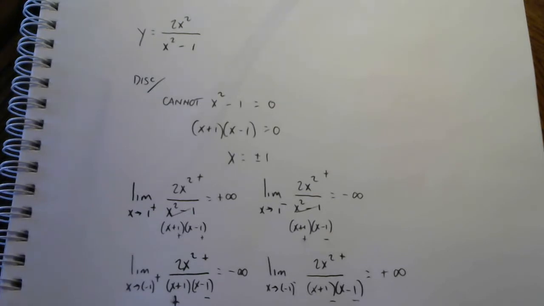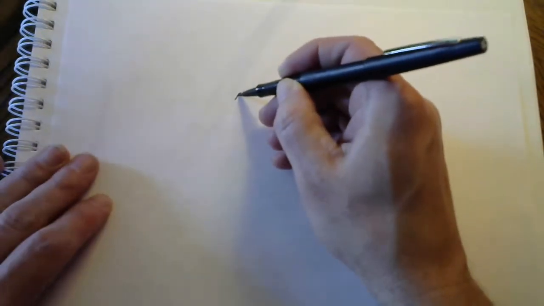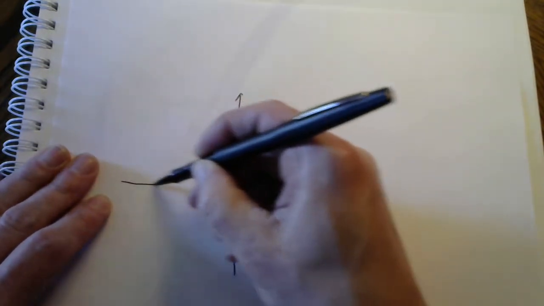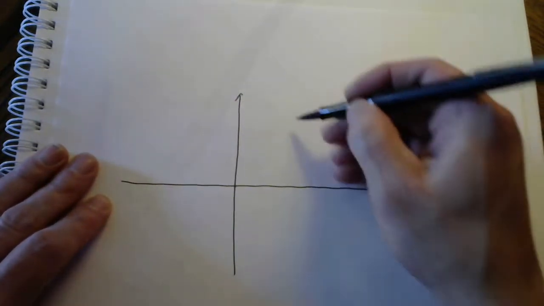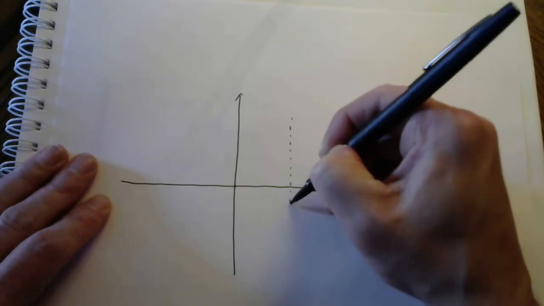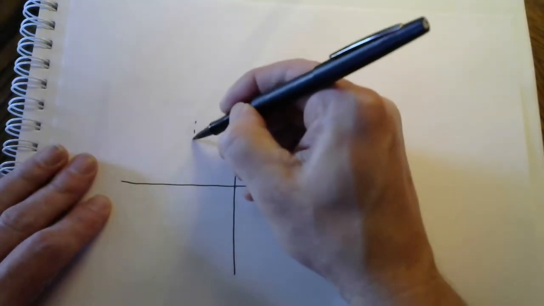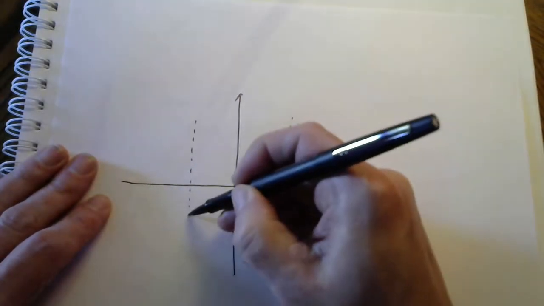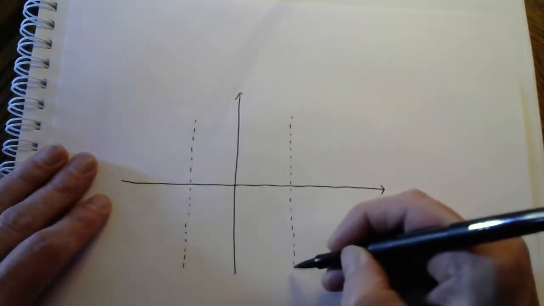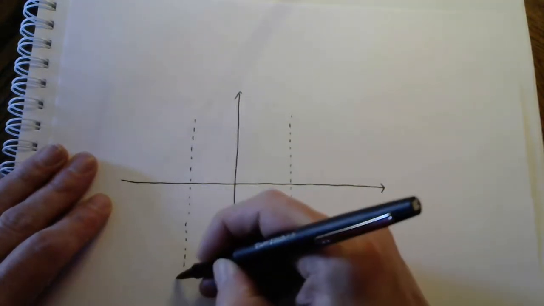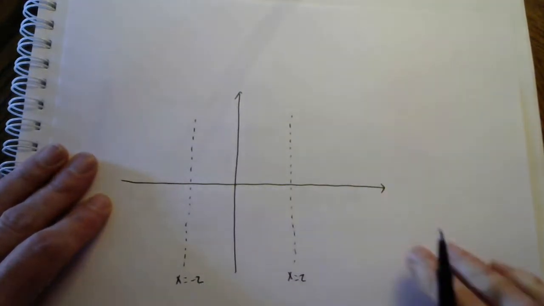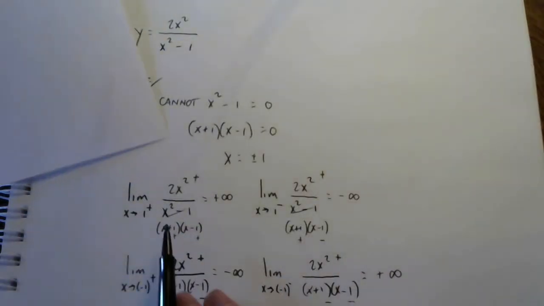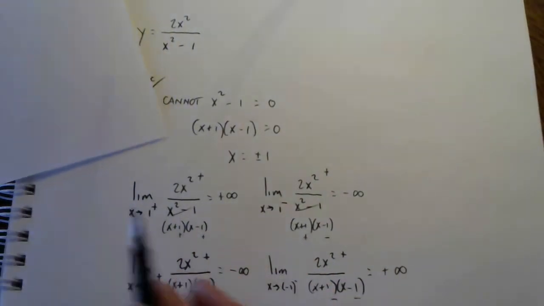So what I'll do is start to add the information. And we have to label, we have to label, we have to label. So I'll label these asymptotes.